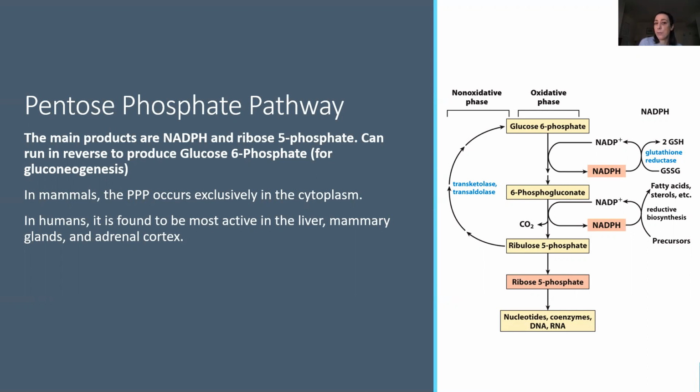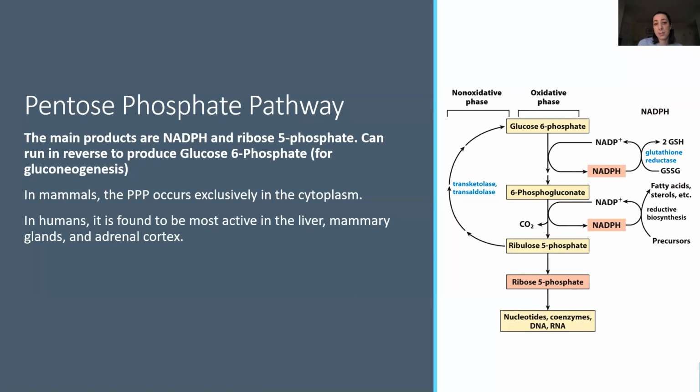NADPH has a slightly different structure, though its role is similar to NADH. It also generates ribose 5 phosphate, which should be familiar if you remember looking at our structures of nucleotides. Ribose helps build up our nucleotide precursors in RNA, and deoxyribose can, of course, be used in DNA.